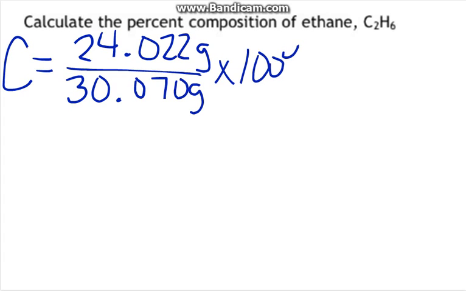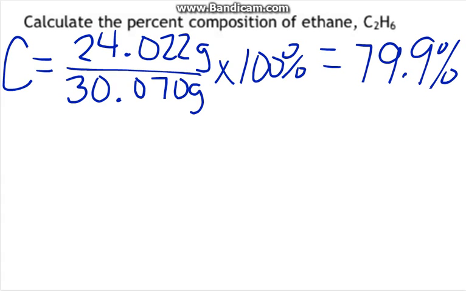You multiply that whole thing by 100%, and you will get 79.9%, because when you do percentages, you only need 3 sig figs. Now in my calculator, it told me it was 79.886%. We went ahead and rounded that last 8 to a 9 because it needed to be rounded up.